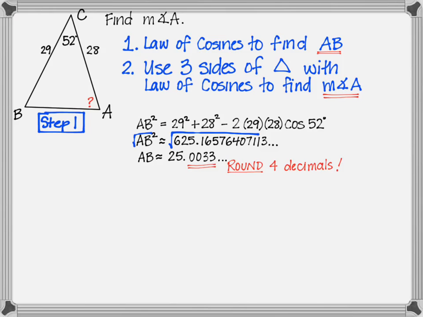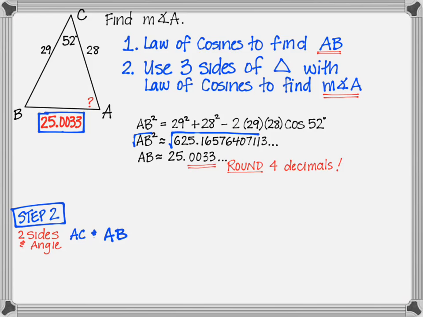And now we know the third side of the triangle, so I'm going to place the third side of the triangle in that diagram. And now for step 2, we need 2 sides and the angle between, so we're going to use these 2 sides and the angle between in the law of cosines.